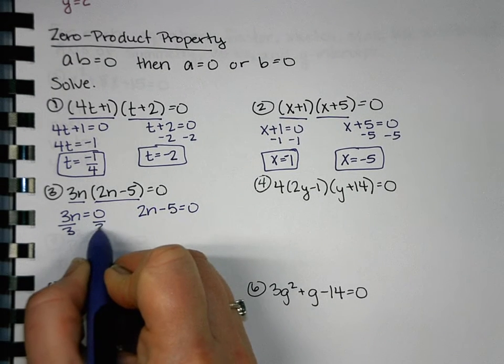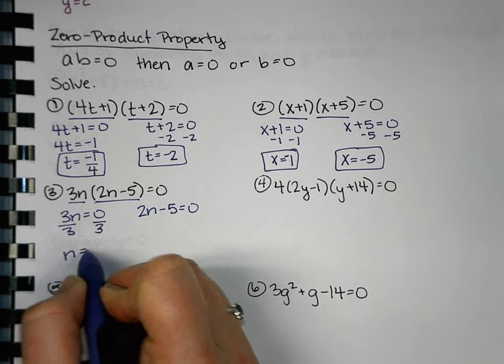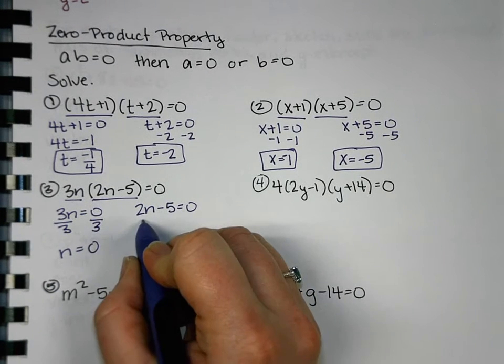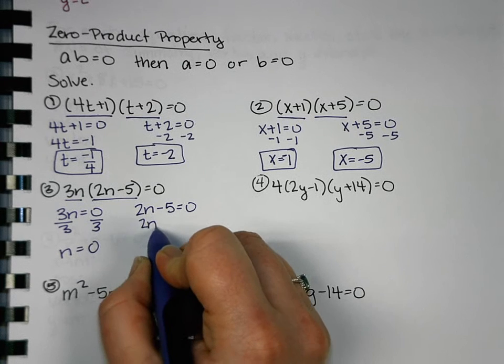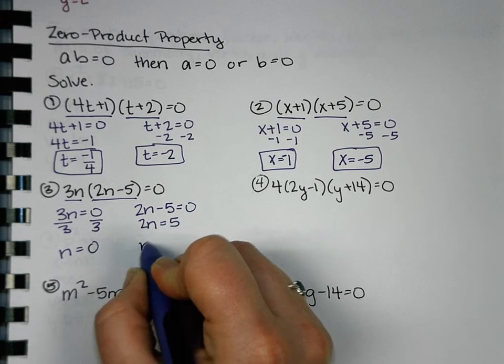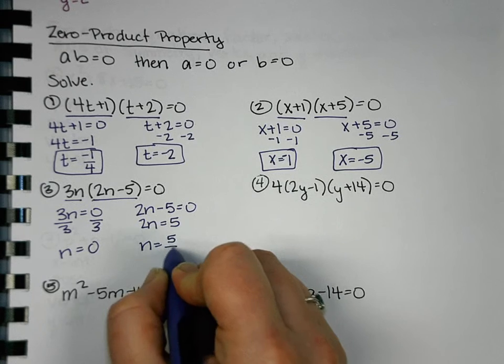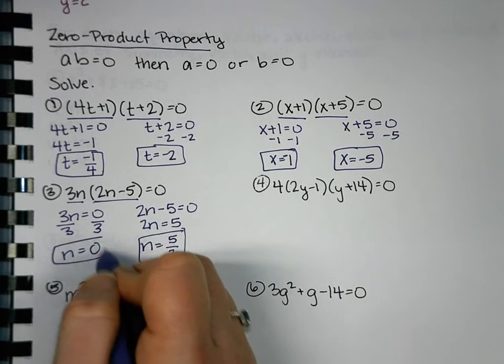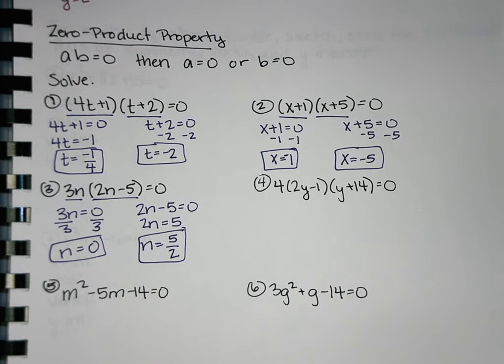So here we divide both sides by 3. When 0 is on top, it's just 0. Here we'll add 5 to both sides and then divide by 2. So we'll get 5 halves. So our x-intercepts here will be at 5 halves, or if you want to write 2.5, that's okay, and 0.